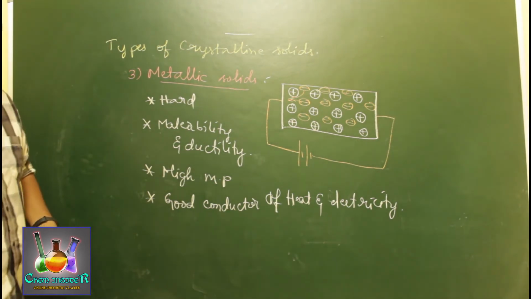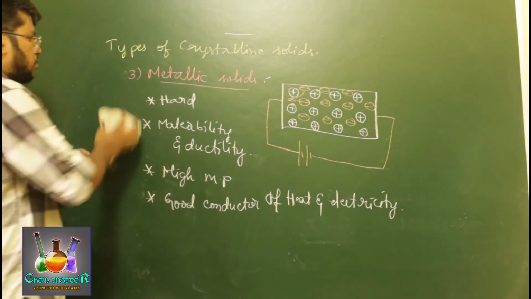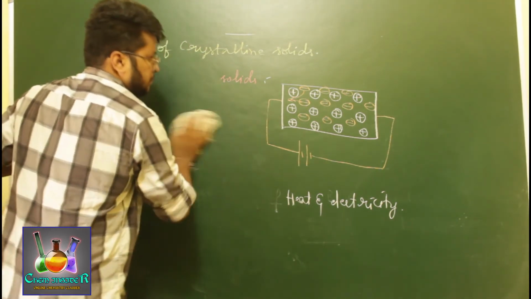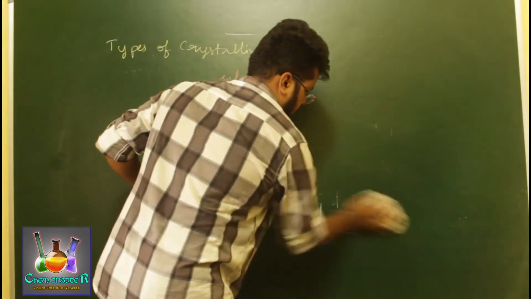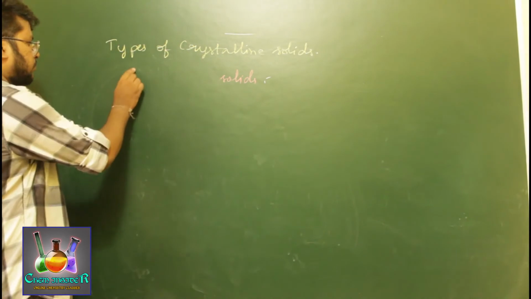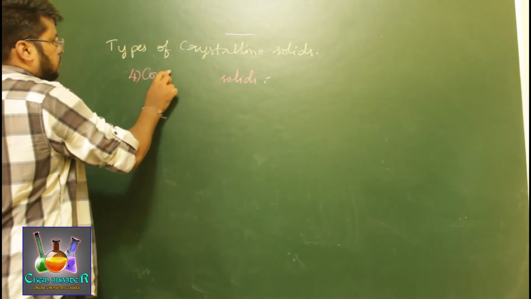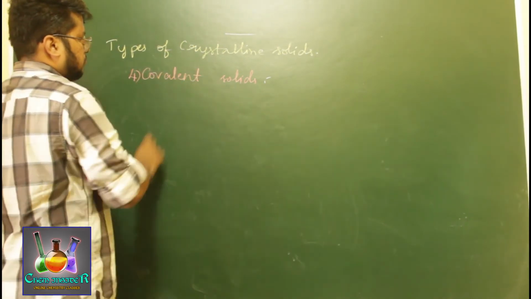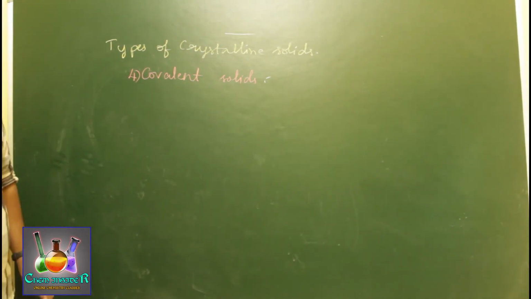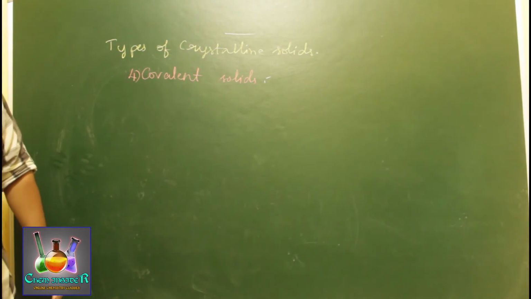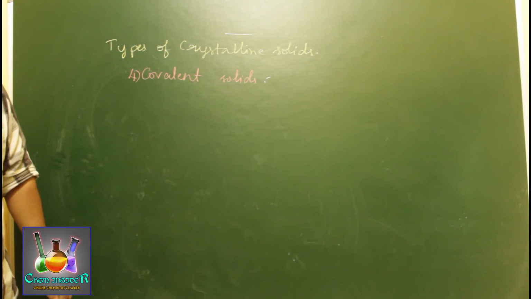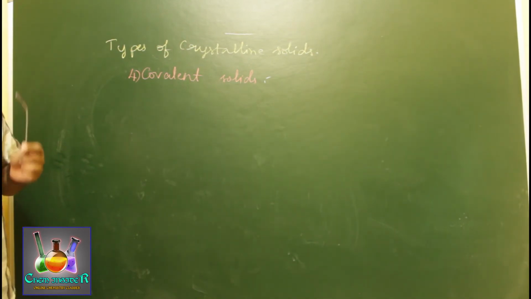Next, we are going to discuss covalent solids or network solids. A covalent solid or network solid is formed when a non-metal bonds with another non-metal.